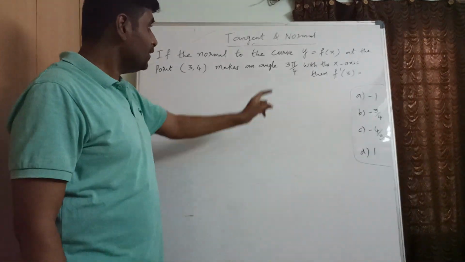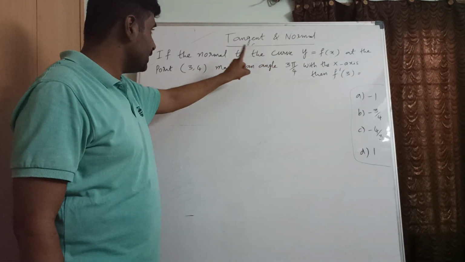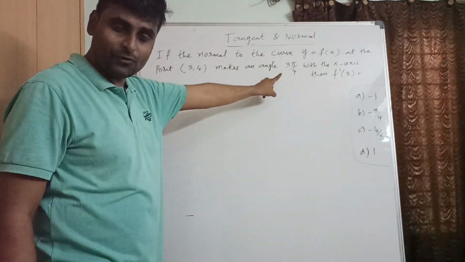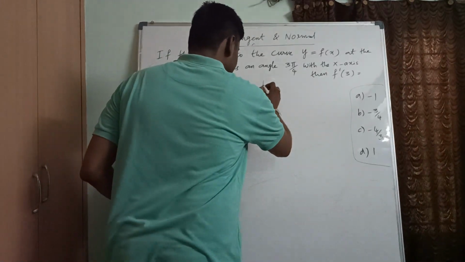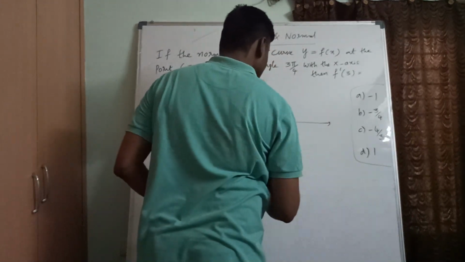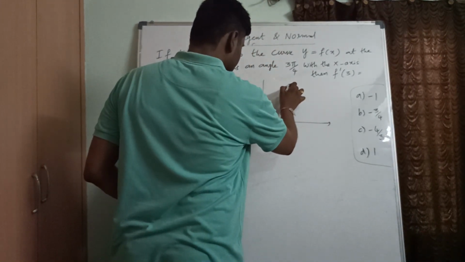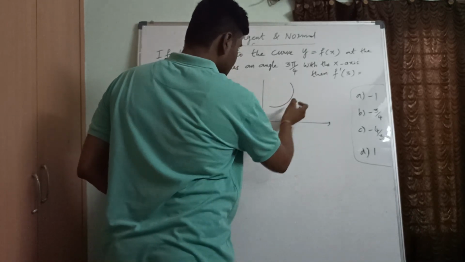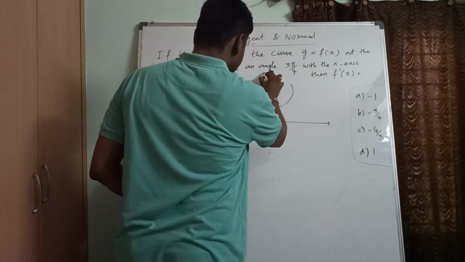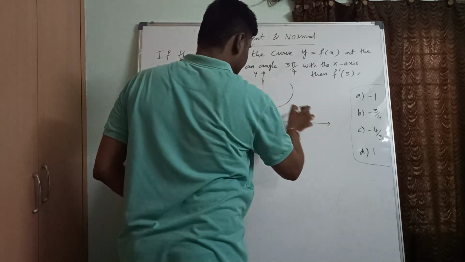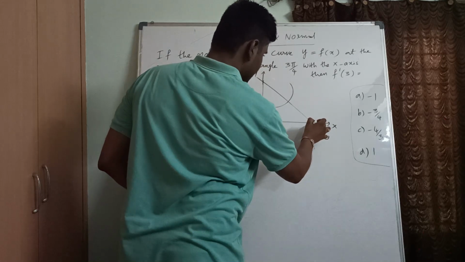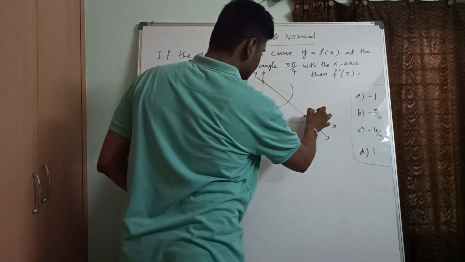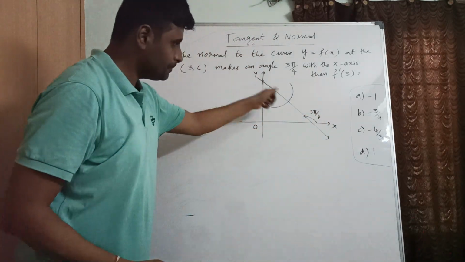See here, y equal to f of x. For this curve, the normal is making 3 pi by 4 angle. So this is the knowledge. This is the curve, right? So whenever it is 3 pi by 4, this is the normal.